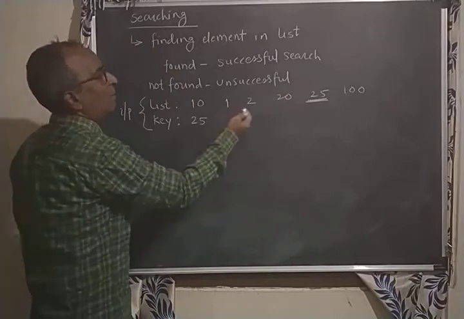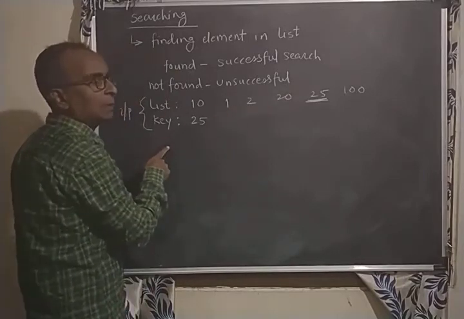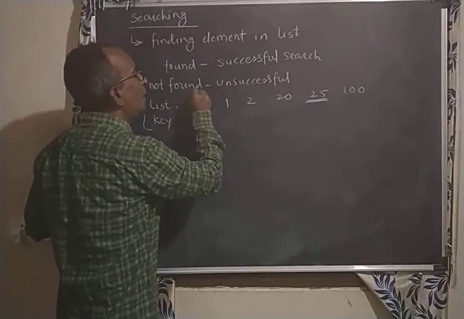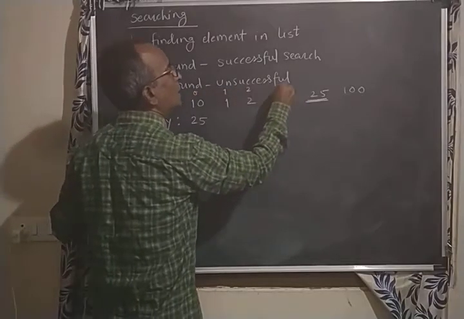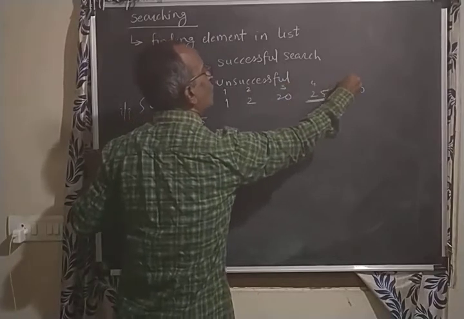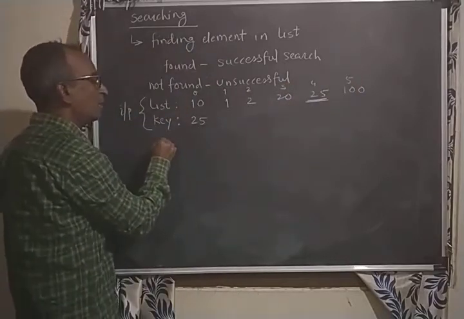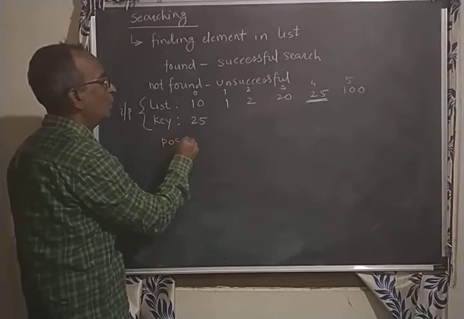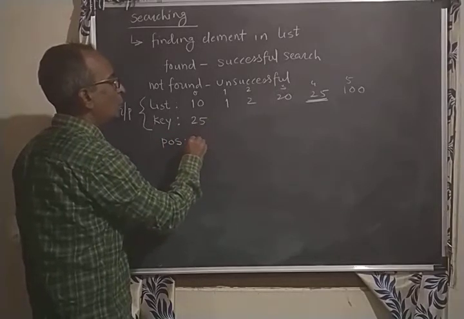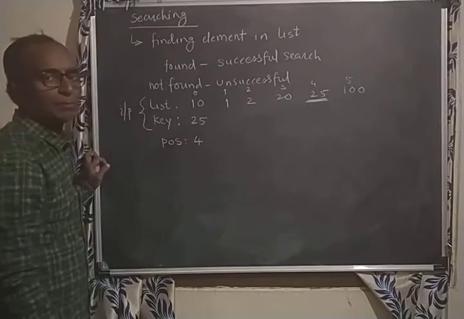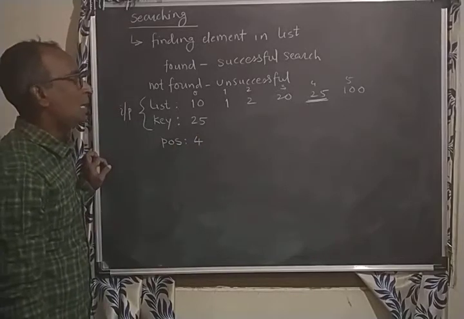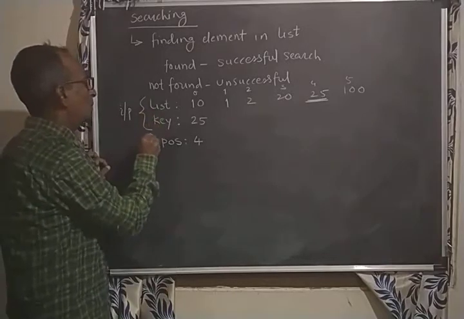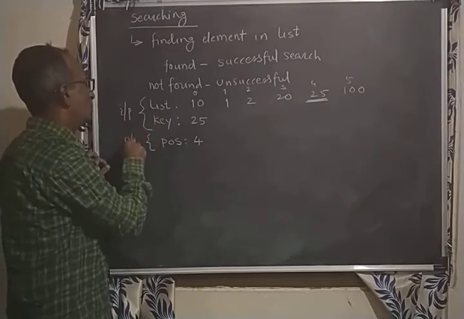So it may give as output successful search, or it may give the position in this array. Suppose these are the indices of the array. So we can say successful search, on the 4th position the element is available. So this is input and this is output.